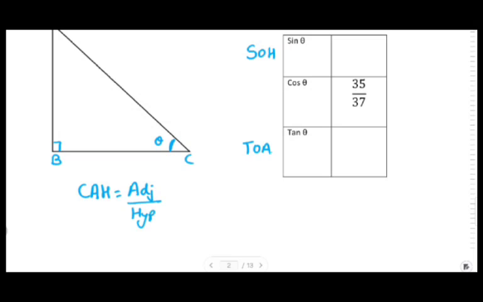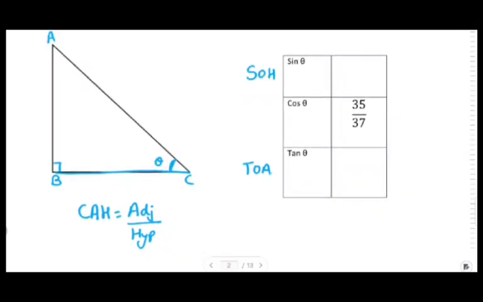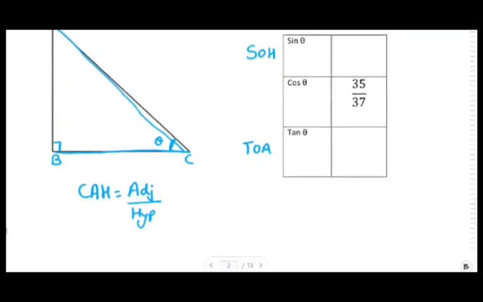Correct. What's my adjacent to this angle? This is my adjacent to this angle. And what's the hypotenuse? AC is my hypotenuse. Right. So my value of cos is given, which is 35 upon 37.